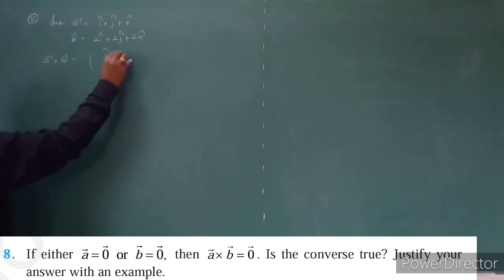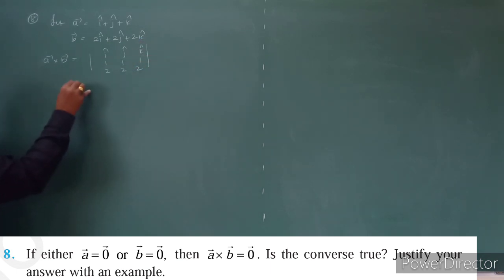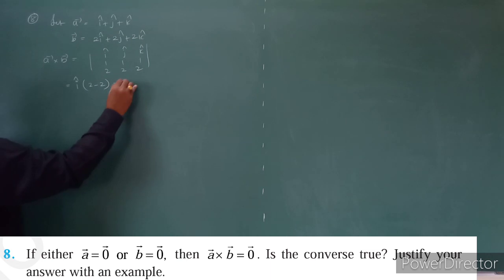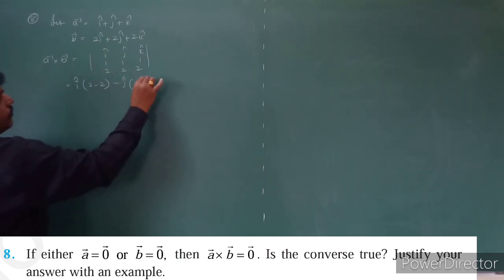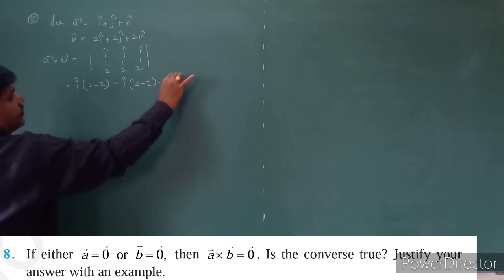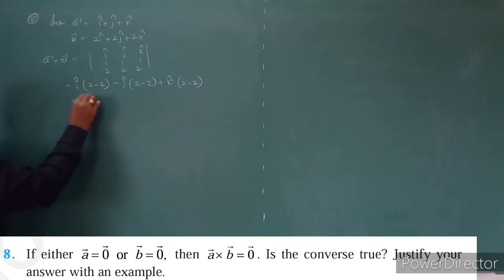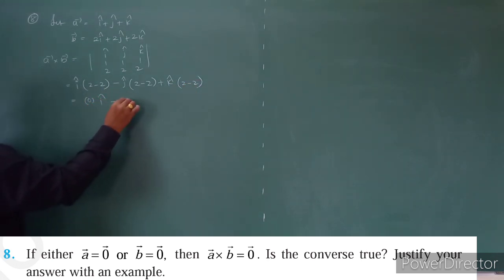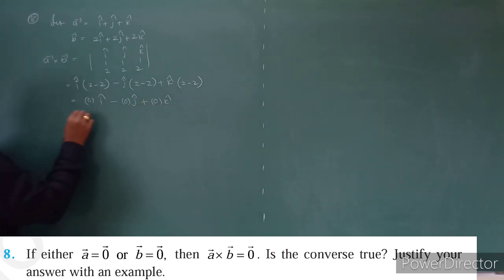See that I, J, K cap, 1 1 1, 2 2 2. Yes or no? So expand that: I cap into, remove the row and column, so 2 minus 2, minus J cap into, remove the row and the column, 2 minus 2, plus K cap into, remove the row and the column, 2 minus 2. So that is equal to 0 into I cap minus 0 into J cap plus 0 into K cap. So that is equal to 0 bar.